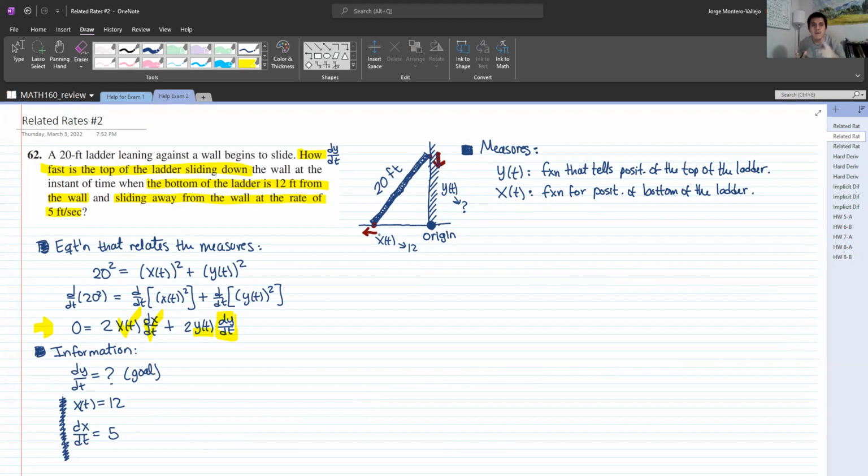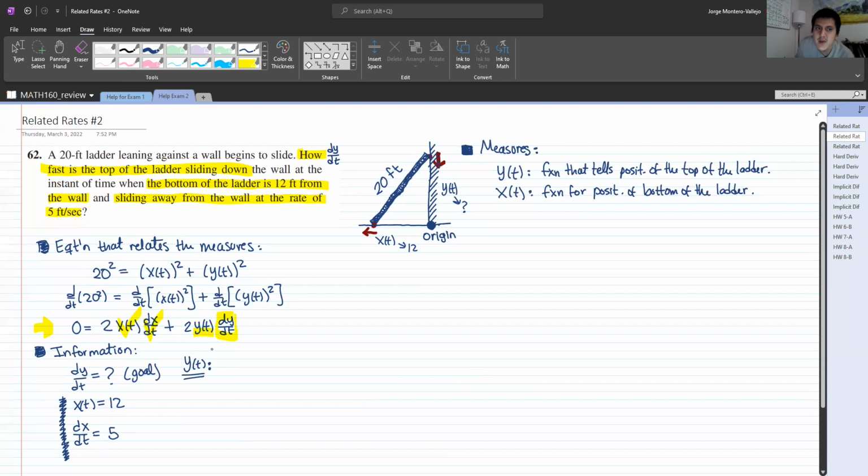Therefore, the Pythagorean equation still holds for x of t and y of t, right? So to find y of t, we realize that the Pythagorean relation holds.